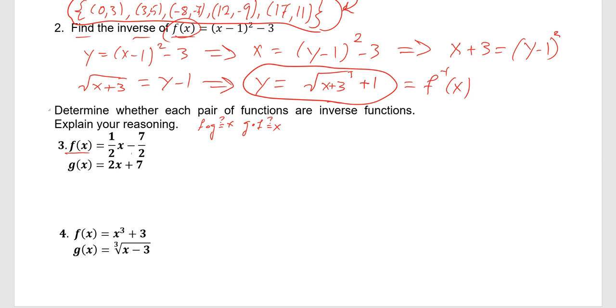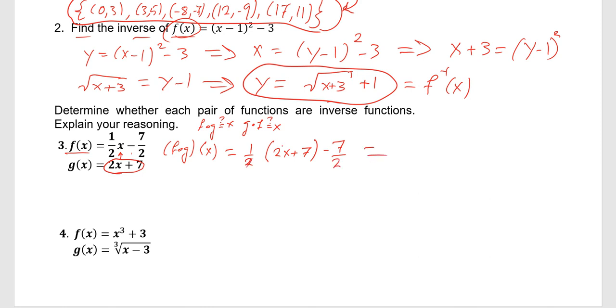So let's do that. So f of g of x is equal to 1/2, and then plug in all of g into the x's in f of x. So 1/2 times (2x plus 7) minus 7/2, right?